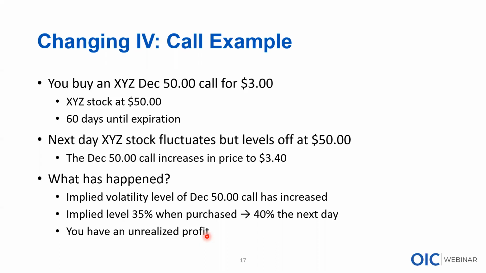If everything is staying the same, except you start to drop the days to expiration, while the option value is staying the same, the only way that equation is going to work is if implied volatility goes higher. Without the option value going higher, it stays the same. Implied volatility goes higher because days are coming out.